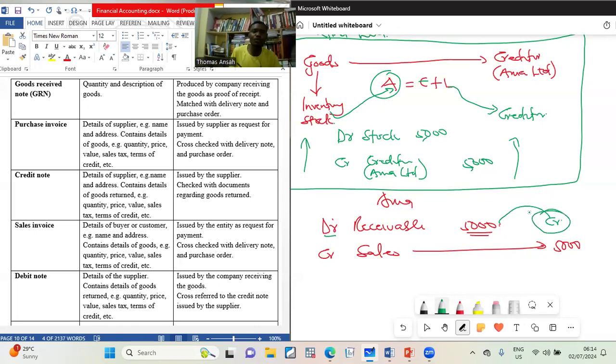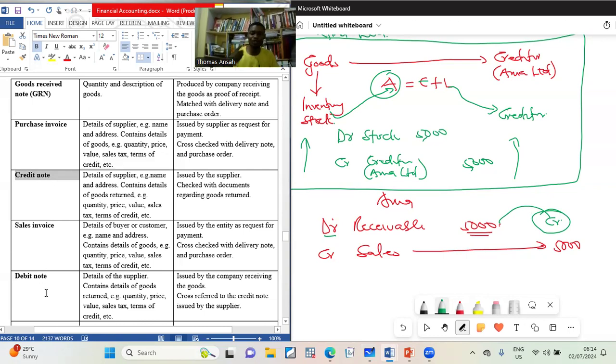So this is what we call a credit note. A credit note is given by the supplier to confirm that he has actually reduced the amount that we have to pay him because we returned some of the goods. So that is what it is, a credit note. Mind you, it is issued by the supplier. And please, you have to be very careful with these two terms: credit note, debit note.